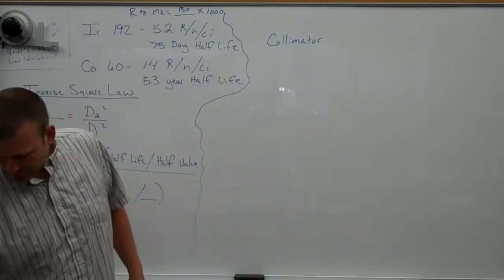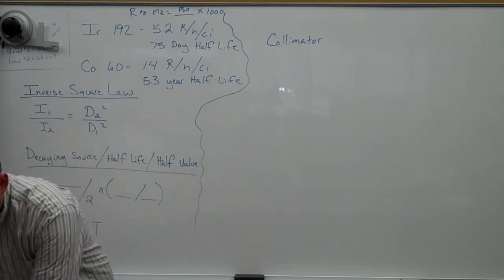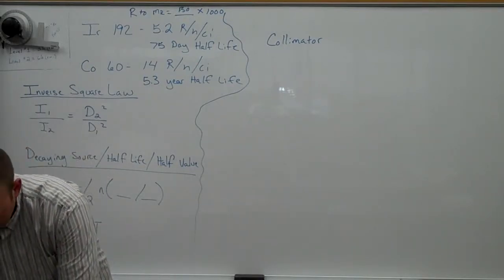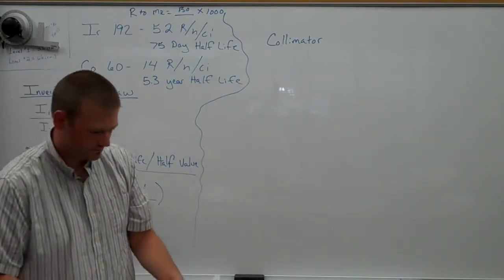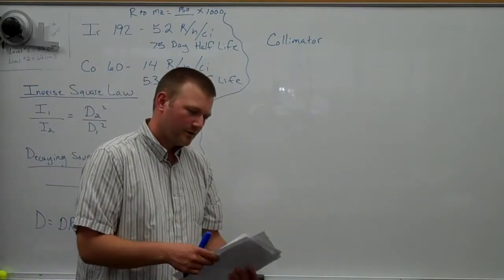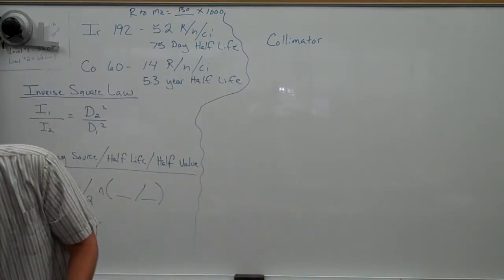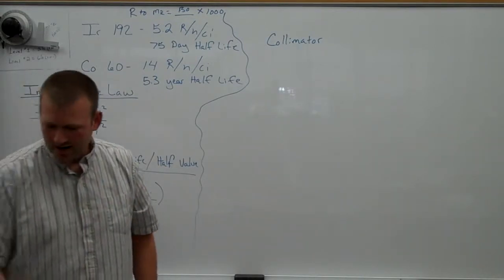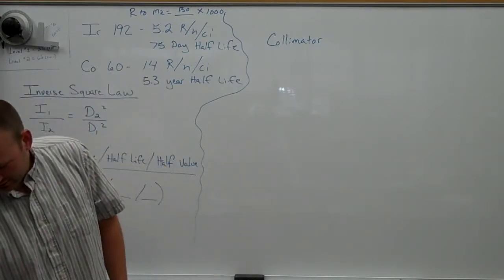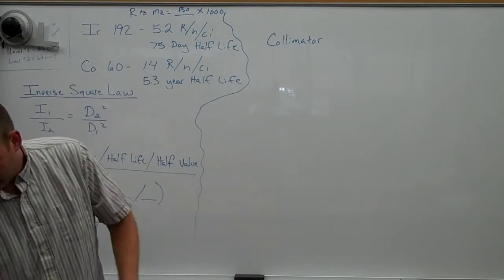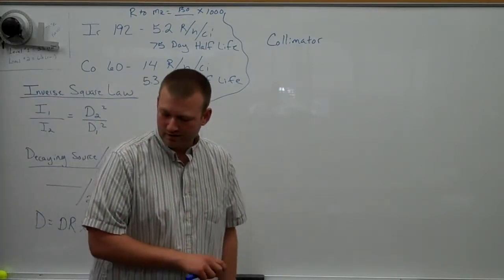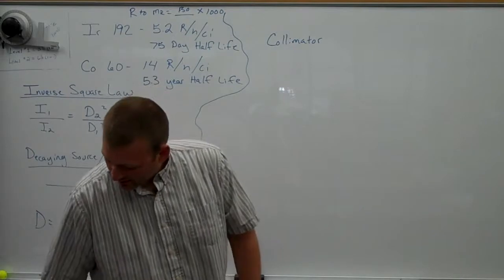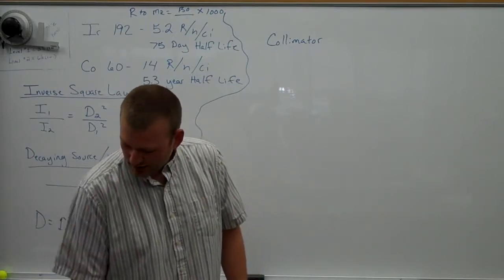Okay, this looks to be about number 9 on your sheet. Sorry, no, scratch that. Number 14 it looks to be. It says 86 curies of iridium at 1 foot, 2-inch collimator.